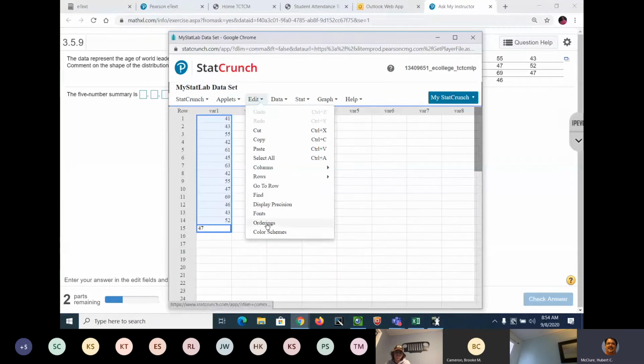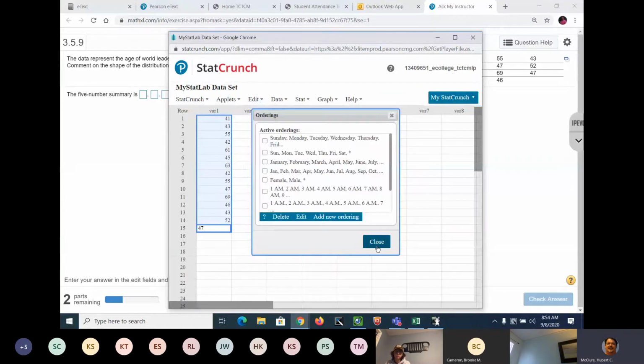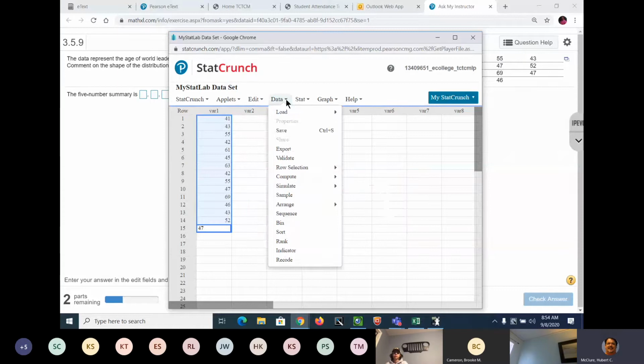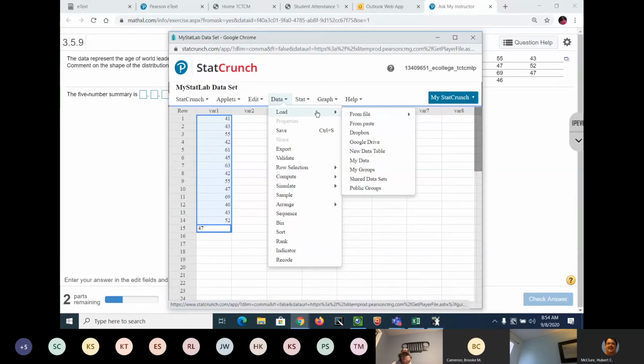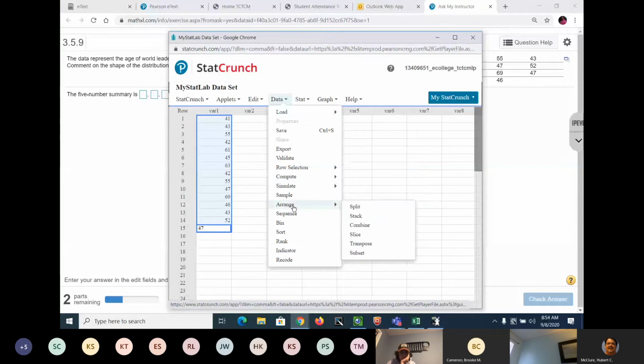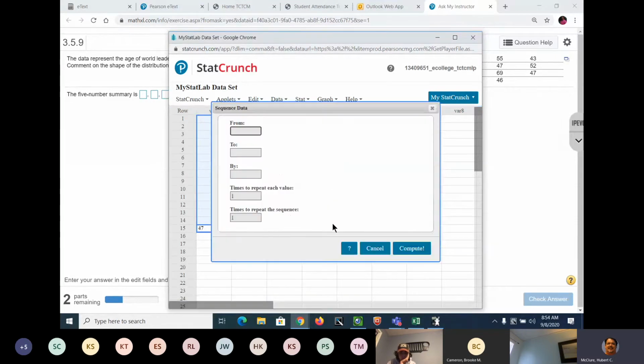It should be under data. I would think it would be under arrange, but okay, I don't know how to do it.